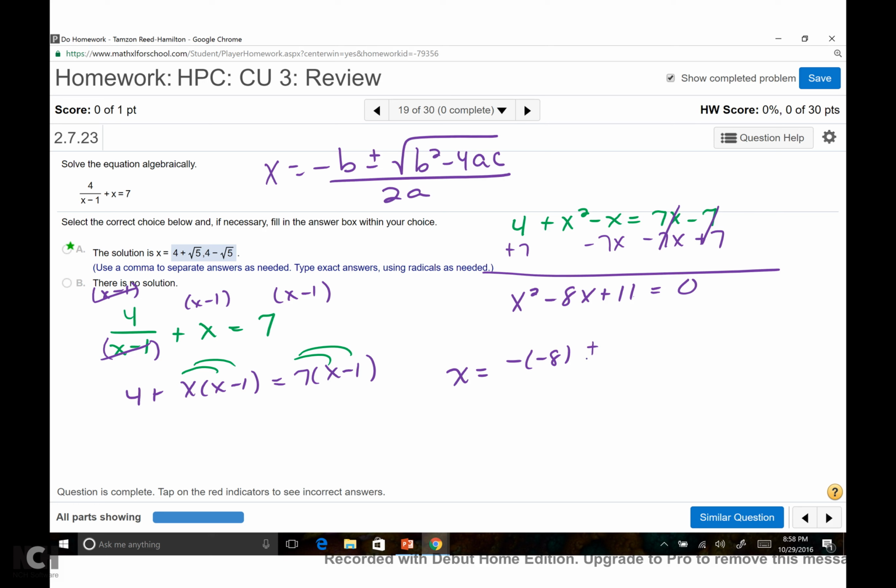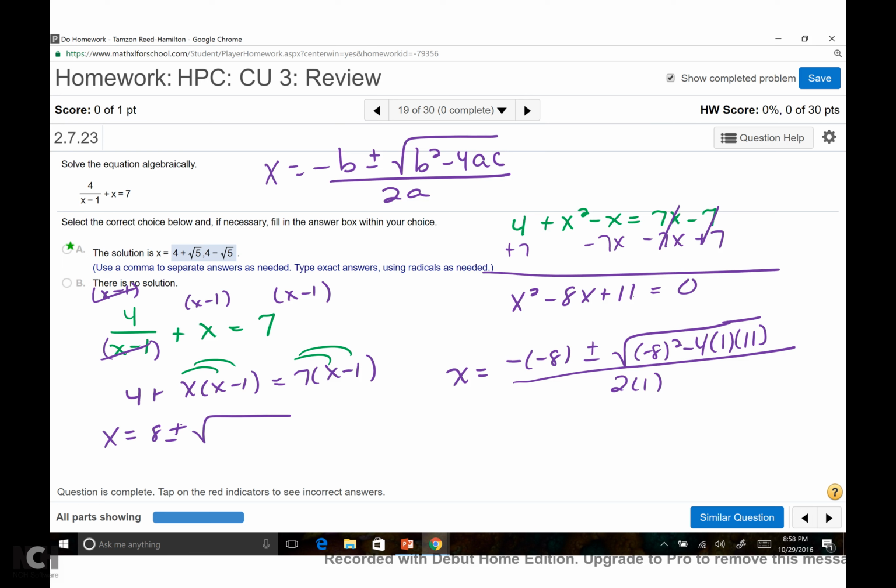So negative b plus or minus the square root of b squared minus 4 times a times c all over 2 times a. So that's going to give me 8 plus or minus the square root of negative 8 squared minus 4 times 1 times 11. You get the square root of 20 all over 2.